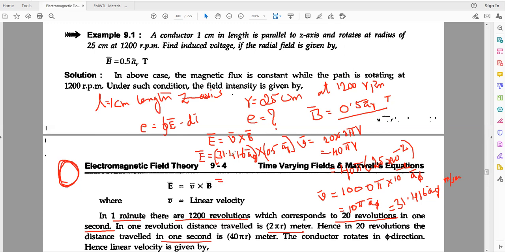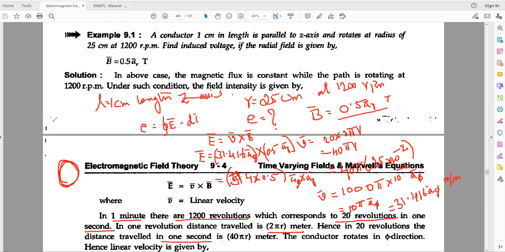That is equal to 31.4 into 0.5, a_phi bar cross a_r bar.